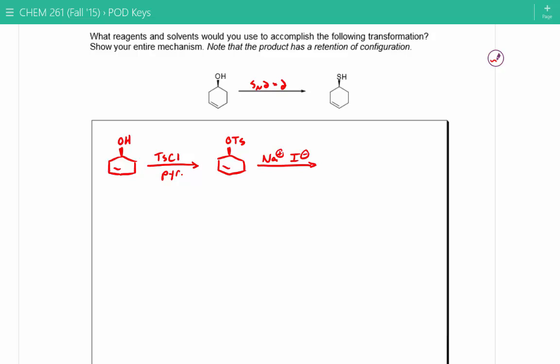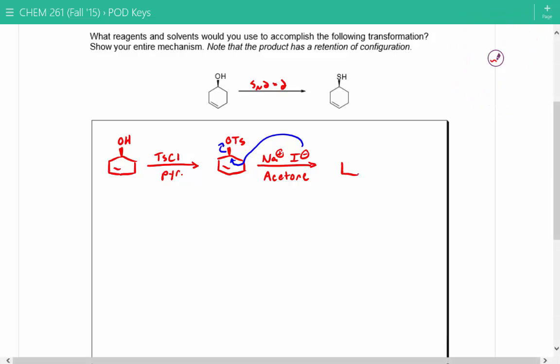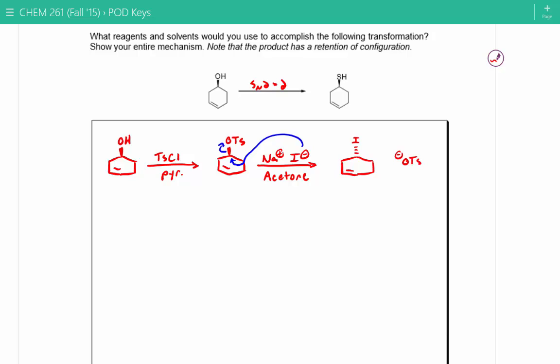So let's maybe just throw down acetone. All right, and then we're going to do our backside attack. It's going to kick off our leaving group. We're going to get our inversion of stereochemistry, and we're going to get OTs minus as our leaving group, and our sodium as our spectator ion.